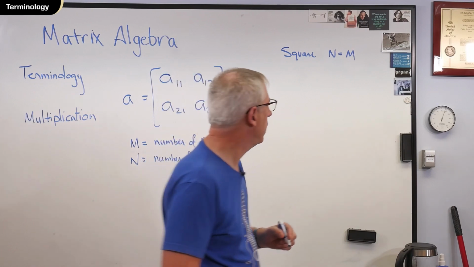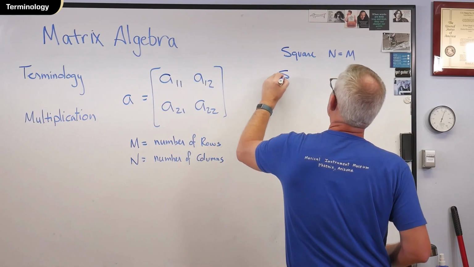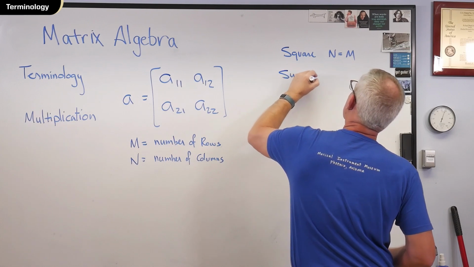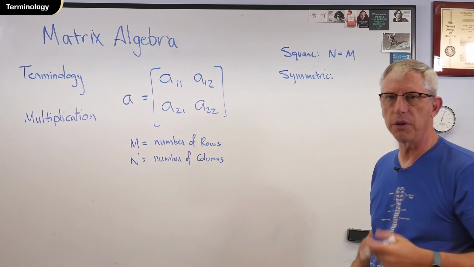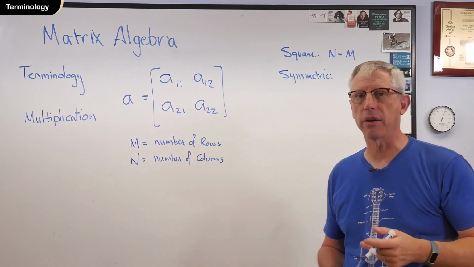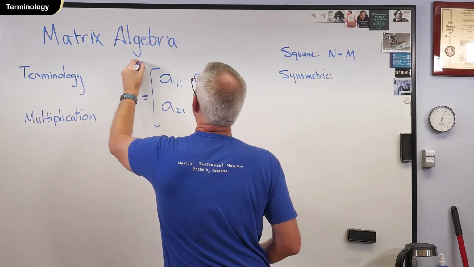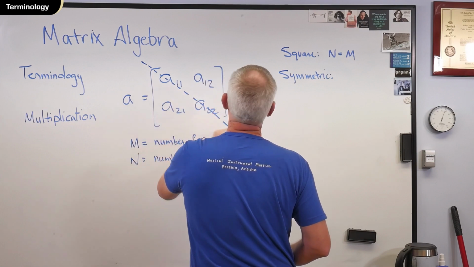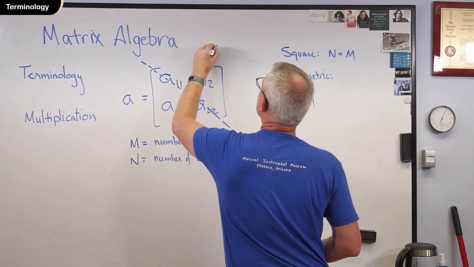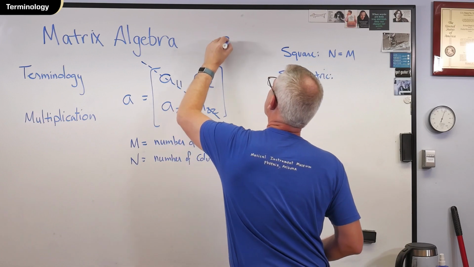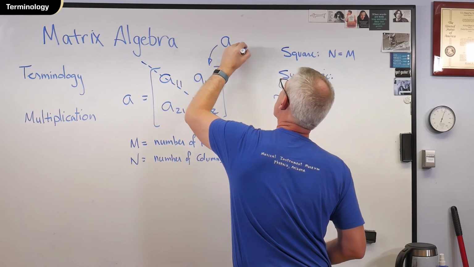Another one is a symmetric matrix. Well, what's a symmetric matrix? First thing you need to know is there's this thing called a diagonal. I've mentioned it before. So that's the diagonal. Let's call these two numbers little m and little n.